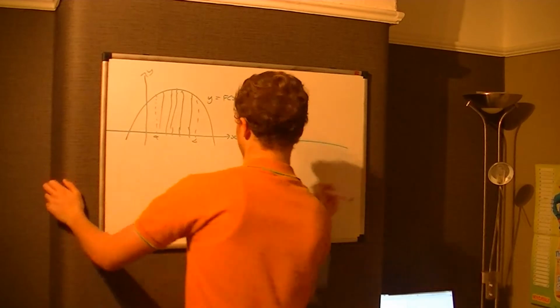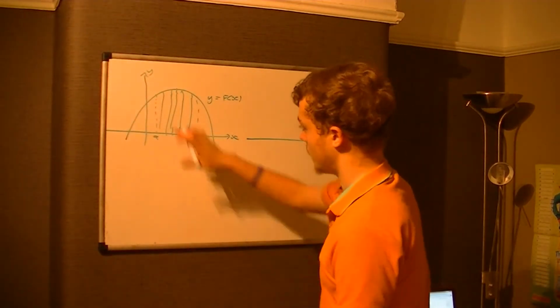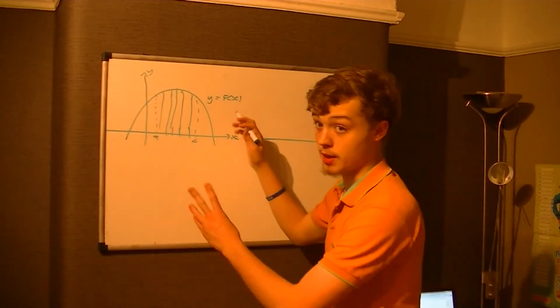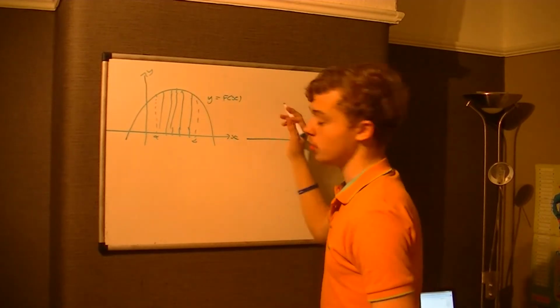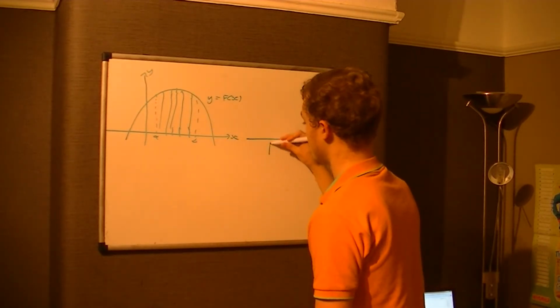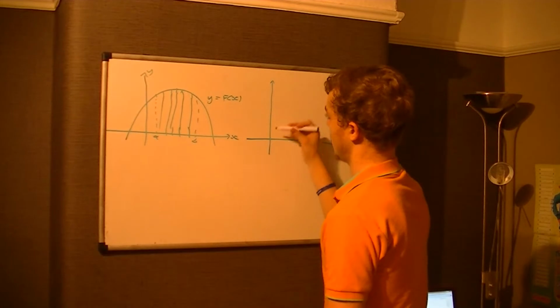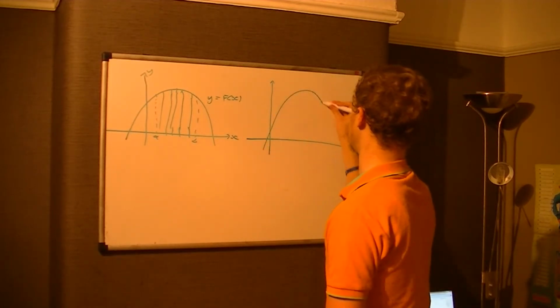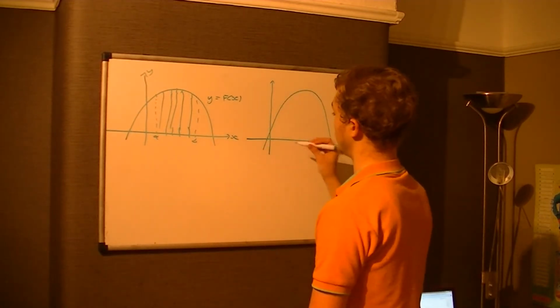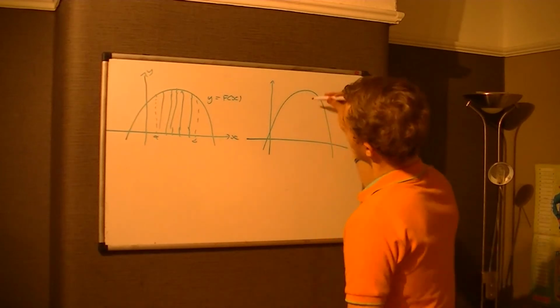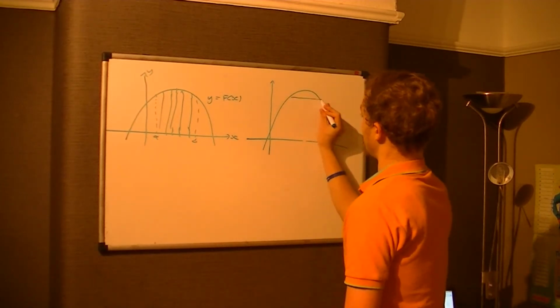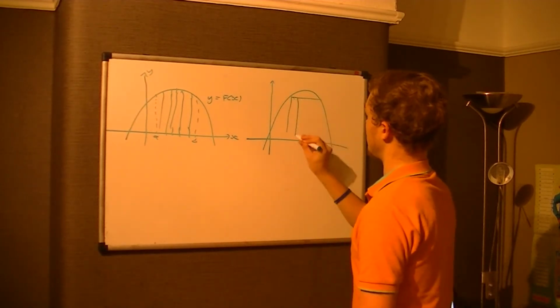And if you zoomed in on one of the trapeziums, or just pick one of them instead of splitting them all up, you'd end up with something like this. So it's the same as zooming in, really.